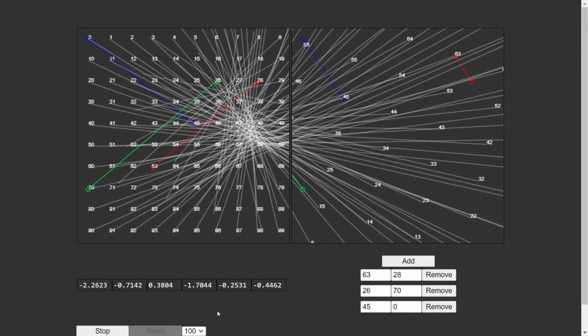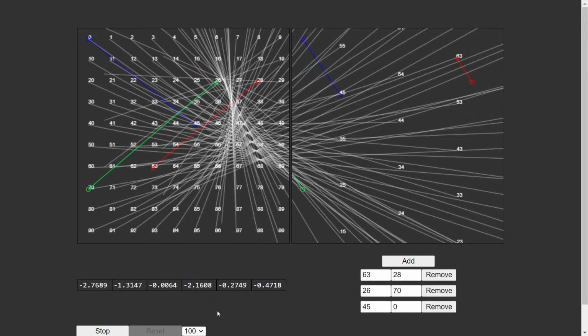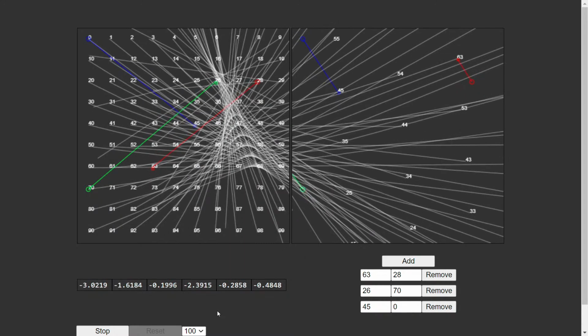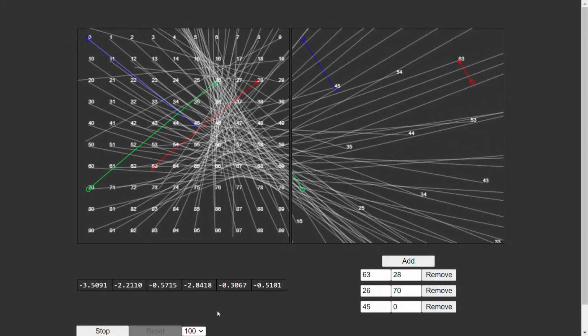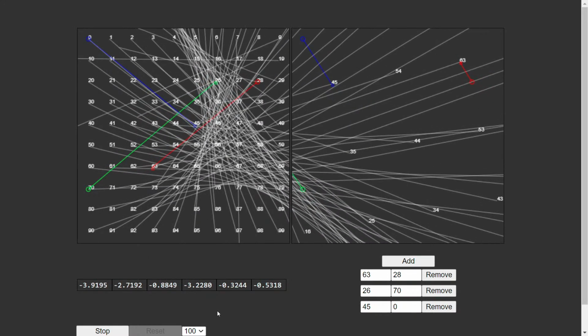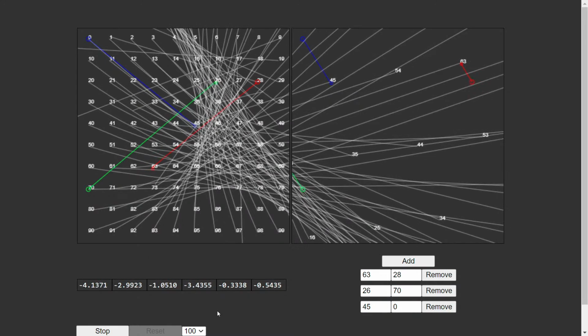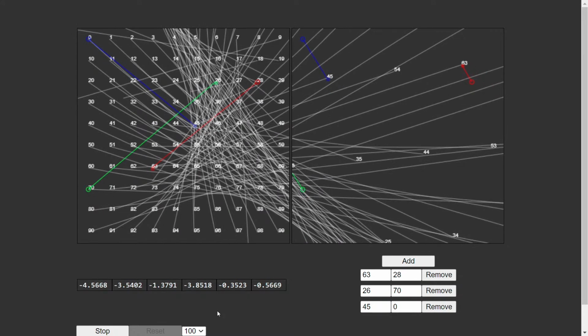Maximal frame rate. Is this going to solve? I can't tell. Still can't tell.